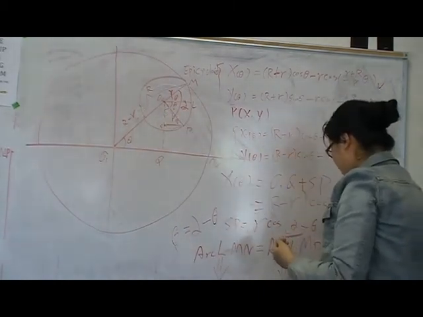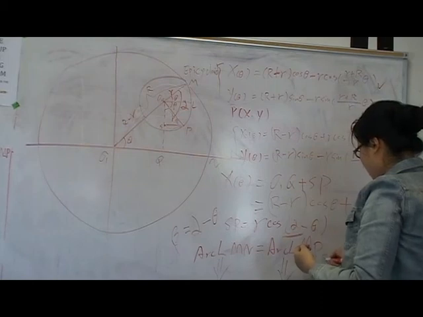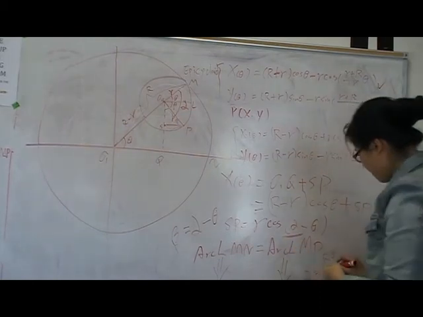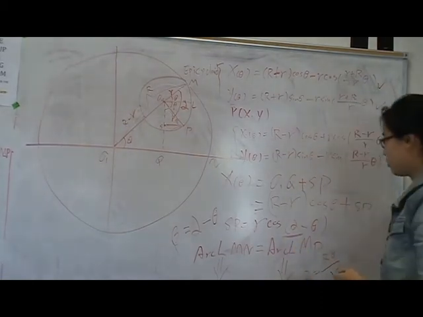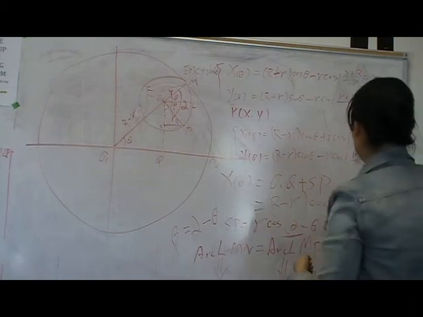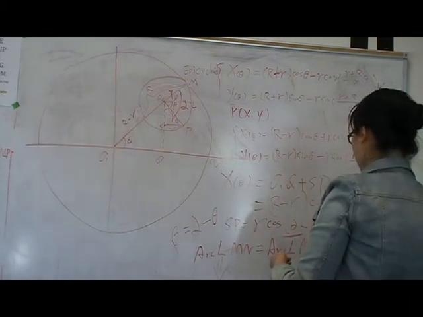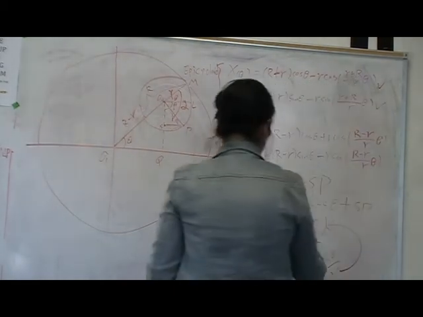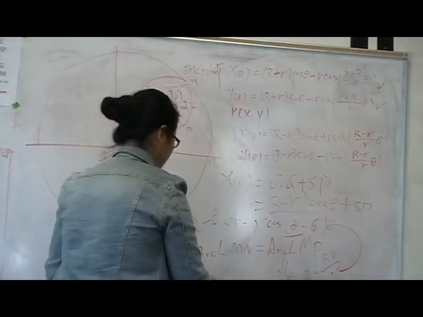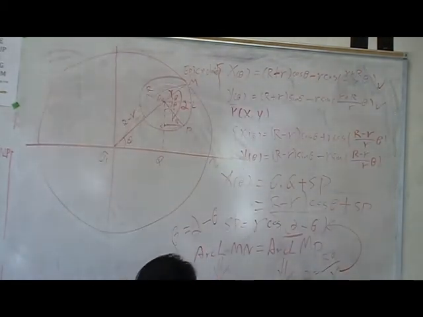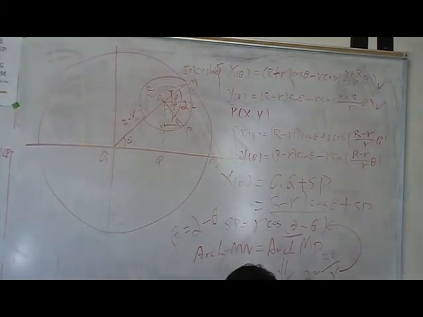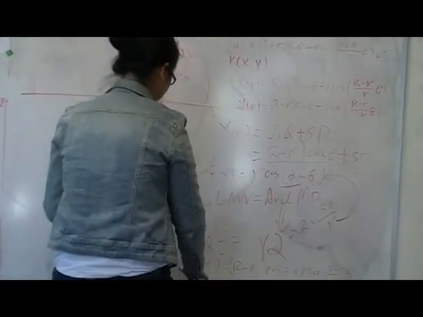So we got alpha equals big R theta divided by small r. And we plug back in here and also add the first part. We got this result for x(theta).